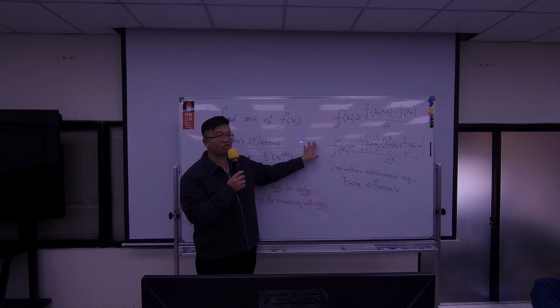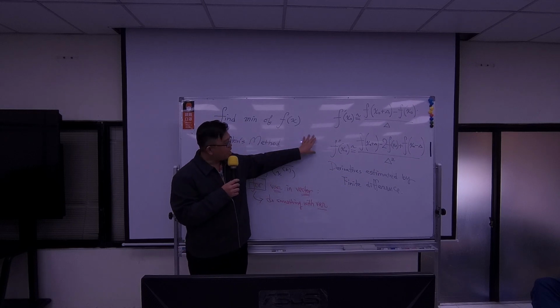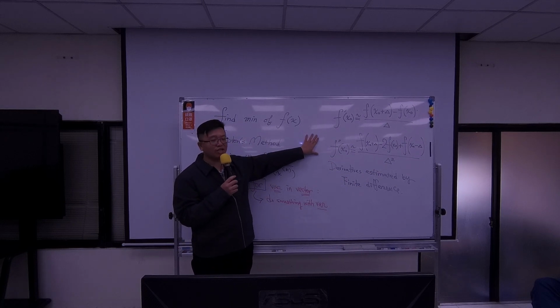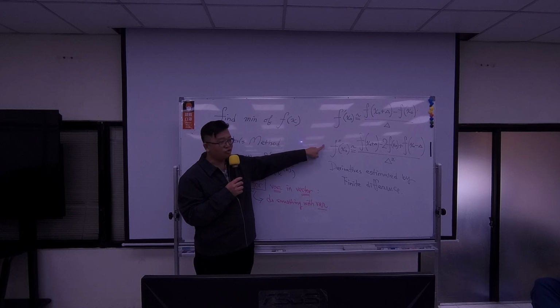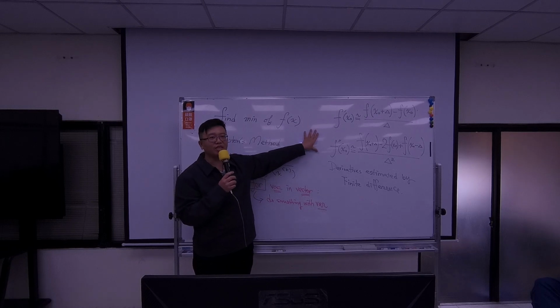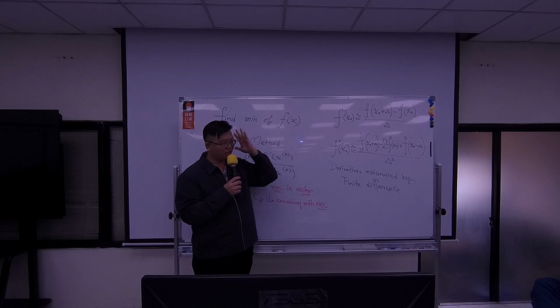How about the second order derivative? Maybe in calculus your professor didn't teach you this, but this can be easily proved if you spend some time or just think about it.